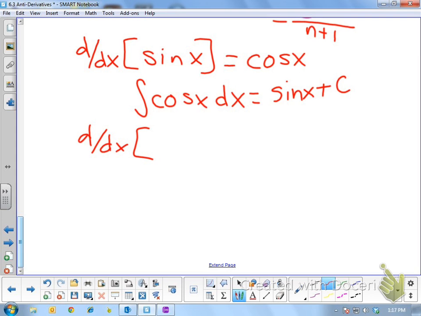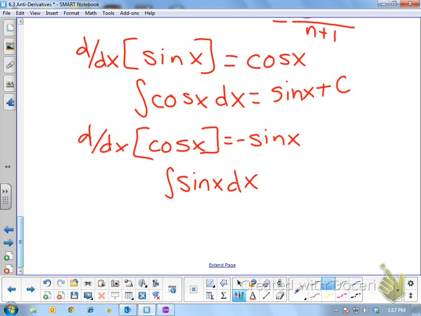Would it be negative cosine? The derivative of cosine is negative sine, and if I integrate positive sine, then the negative can't just disappear. But again, since we're going in the opposite direction, it'd be negative cosine.